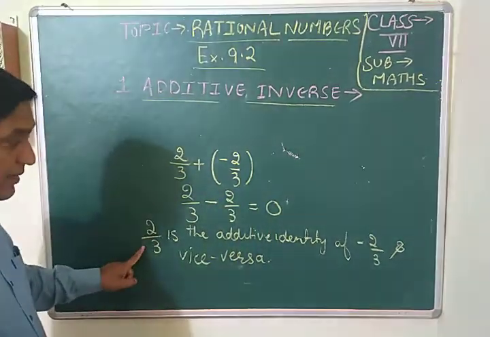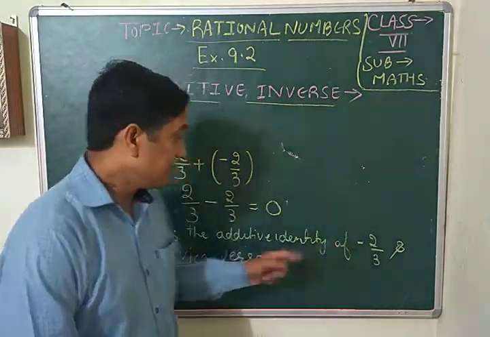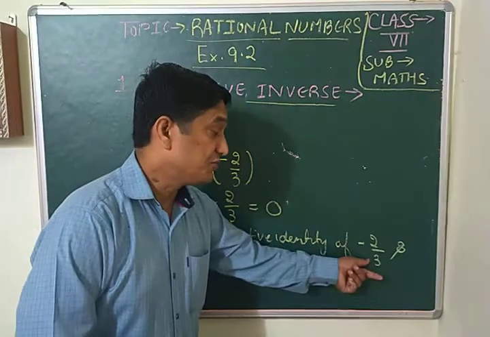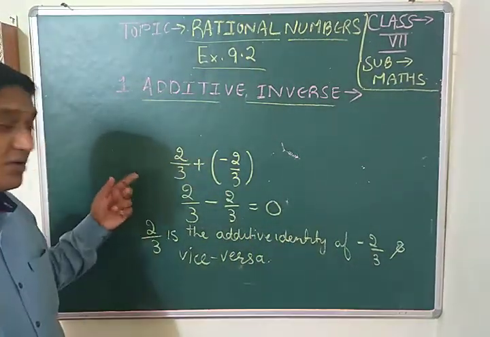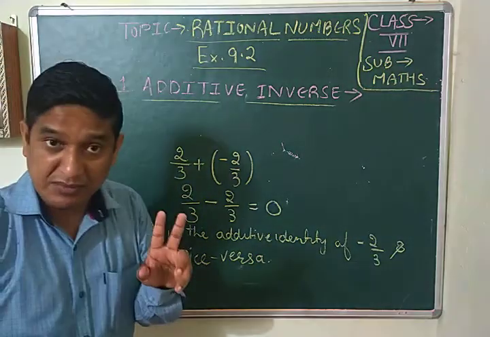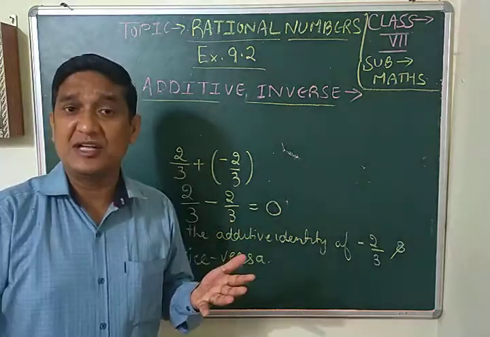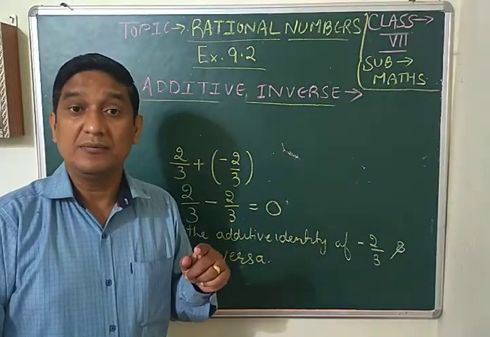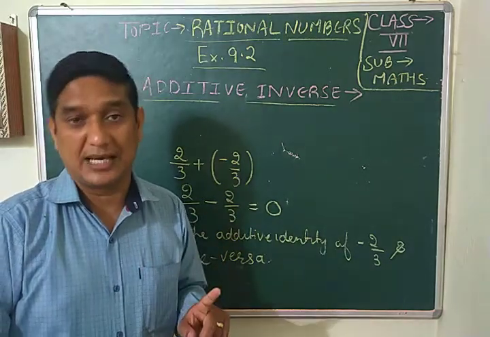The additive inverse of minus 2 by 3 is 2 by 3. So, children, keep it in your mind: the additive inverse of any rational number is the same rational number but with the opposite sign.